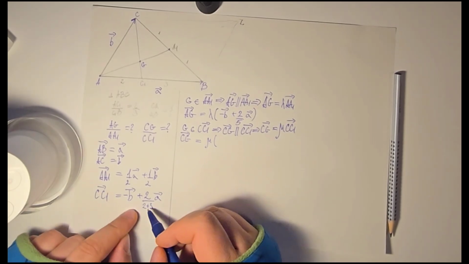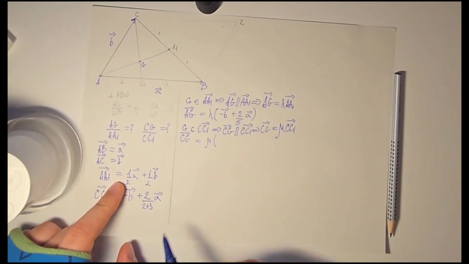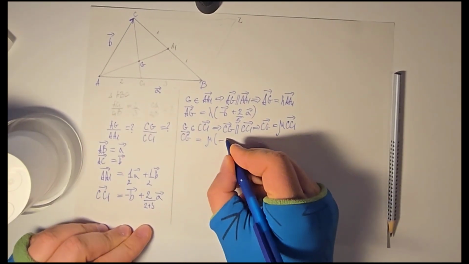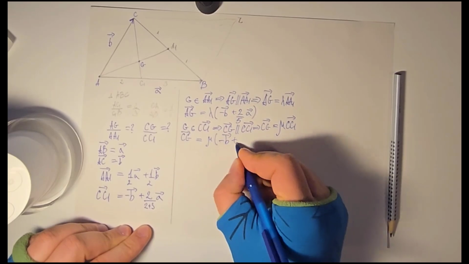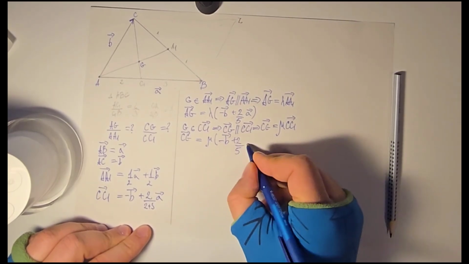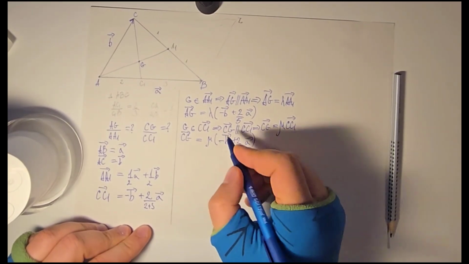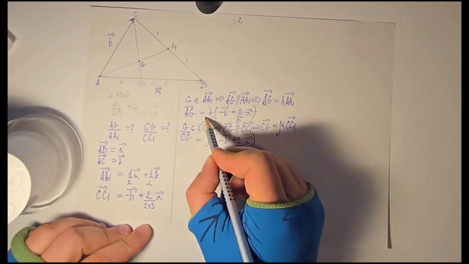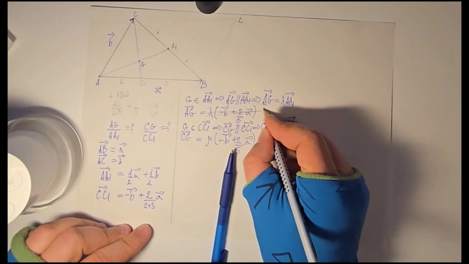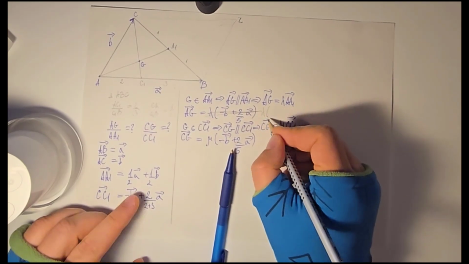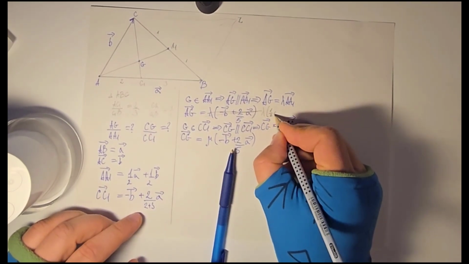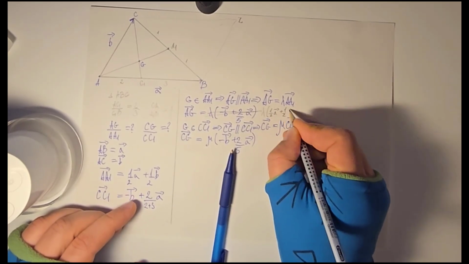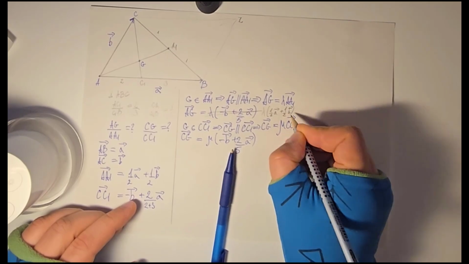CC1 is this one, and this one should have been there because it's AA1. Okay, so I'll translate it. 2/5 A like this, and here I'll just write lambda times 1/2 A vector plus 1/2 B vector.